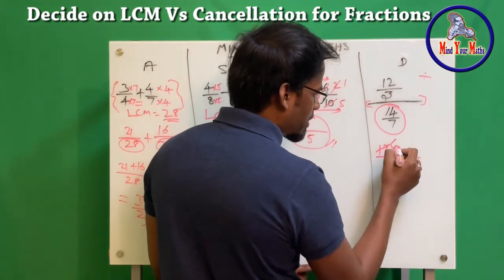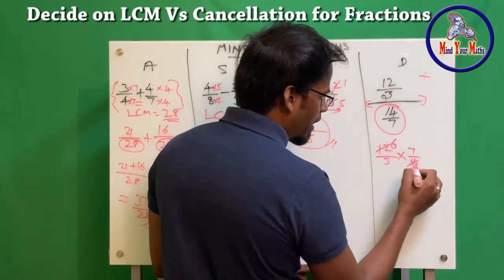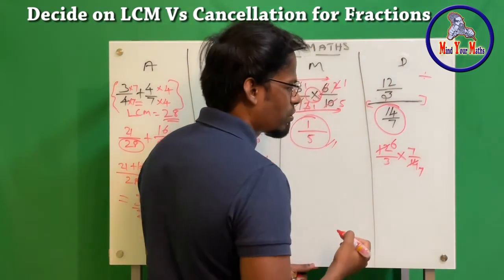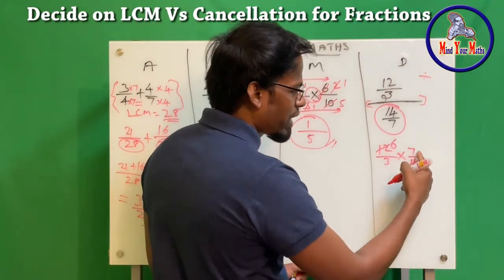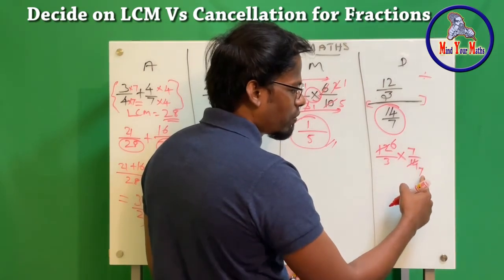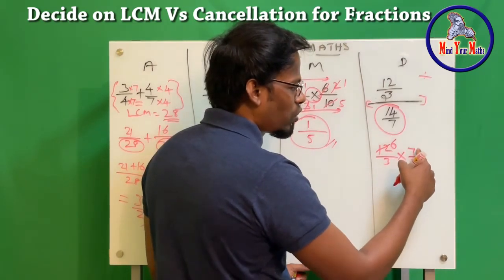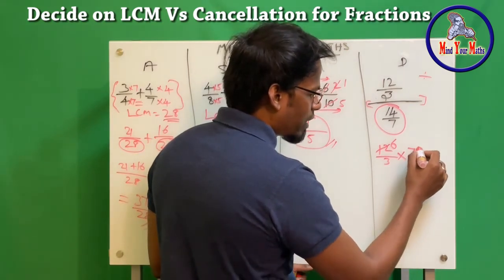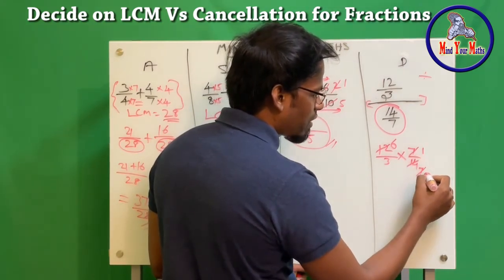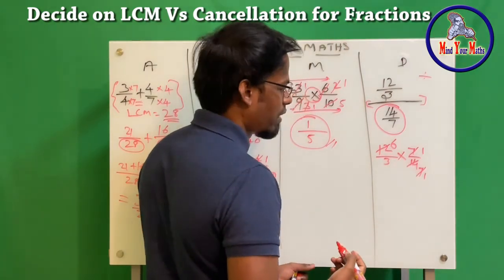Yes. 6 times 2 is 12, and 7 times 2 is 14, right? Now you see here we have 7 already, and we also have a 7, one in the numerator and another one in the denominator. So we can cancel these two. 1 times 7 is 7 and 1 times 7 is 7, right?